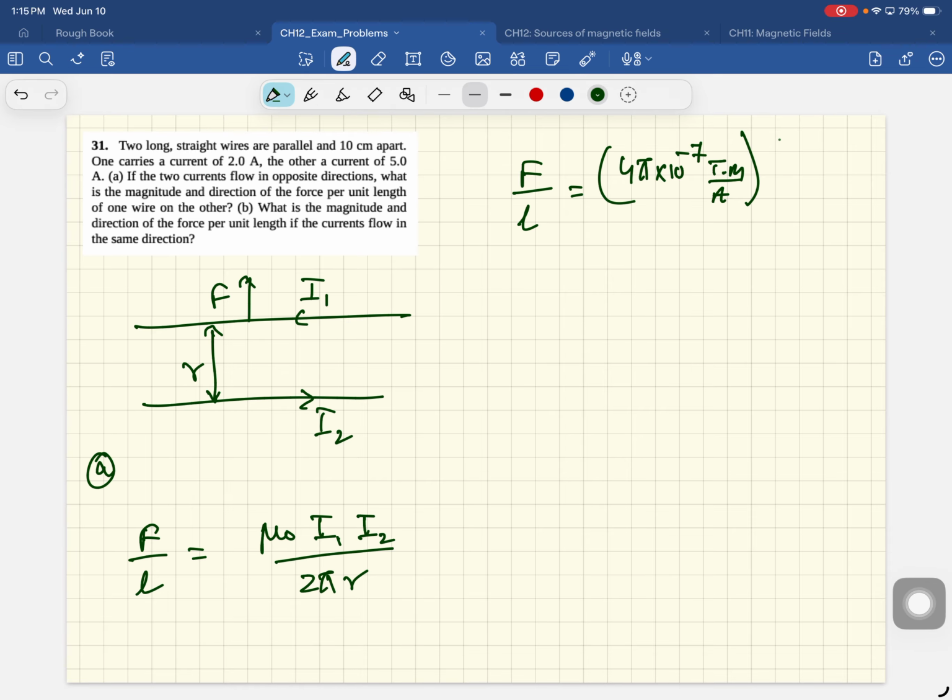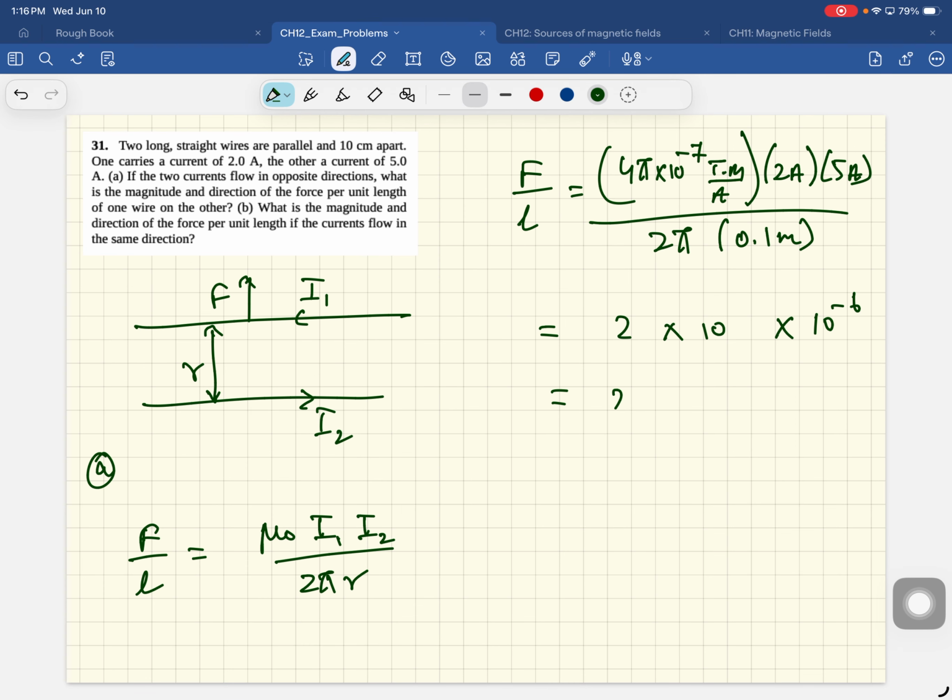That's 10 to the minus 6. 2 pi times 20 times 0.5. That's 20 pi microtesla.